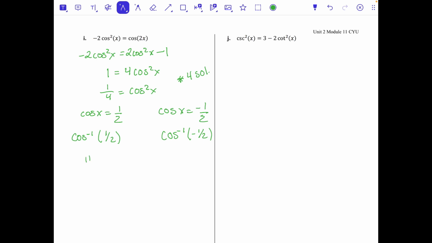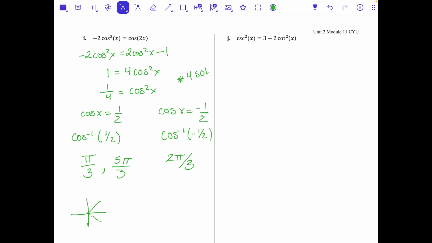The inverse cosine of 1/2 is actually an even number. It's 60 degrees or pi over 3. And the inverse cosine of negative 1/2 would be 2 pi over 3. It's in quadrant 2. And so their matching angles: the one in quadrant 1 would fall in quadrant 4, and that would actually end up being 5 pi over 3.